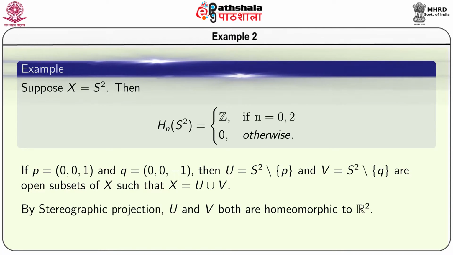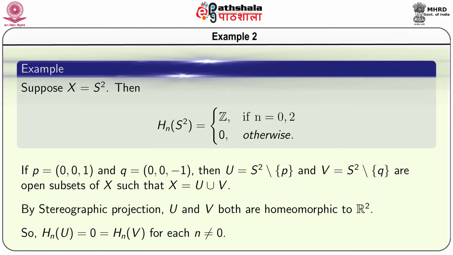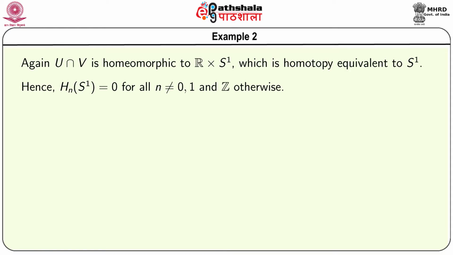By stereographic projection once again, we can see that U and V are homeomorphic to R2, and so for every n not equal to 0, the homology groups of U and V are trivial. Again, U intersection V is homeomorphic to R cross S1, which is homotopy equivalent to S1.